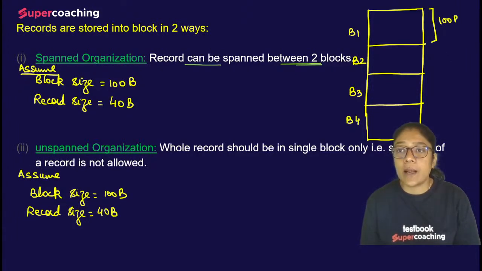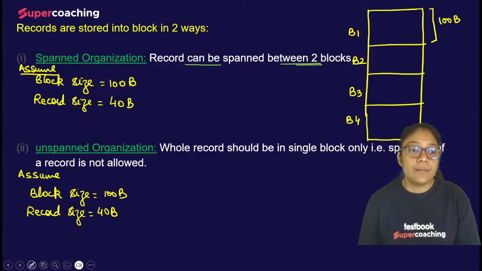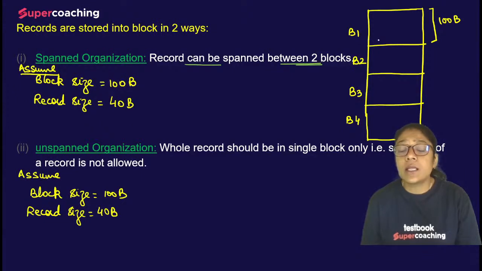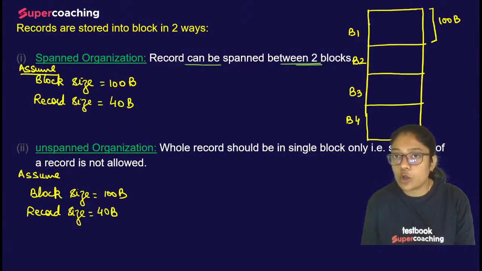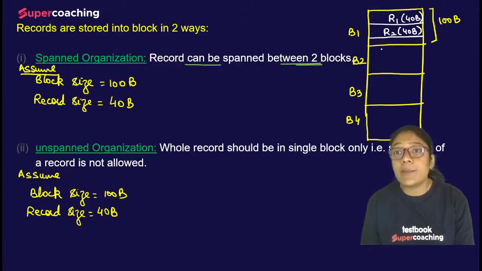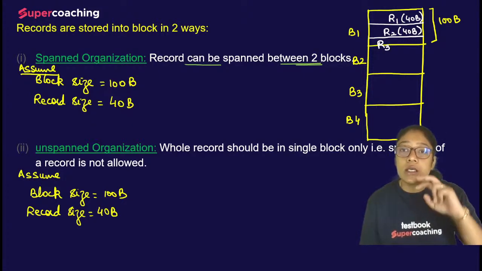One record is taking 40 bytes of data. So एक block में कितना data store करवा सकते हैं? It will be 2.5, यानी कि दो records तो completely आ जाएंगे. This is record 1. Size कितना है? This is of 40 bytes. Remaining is 60 bytes. Then again record 2 is coming up. This is of 40 bytes. Now we are left with a space of 20 bytes. यानी कि record 3 is stored in two blocks.